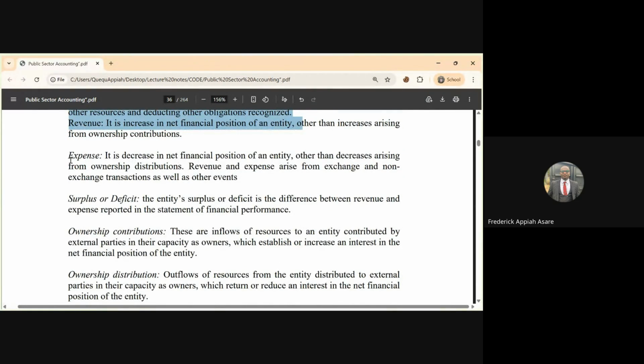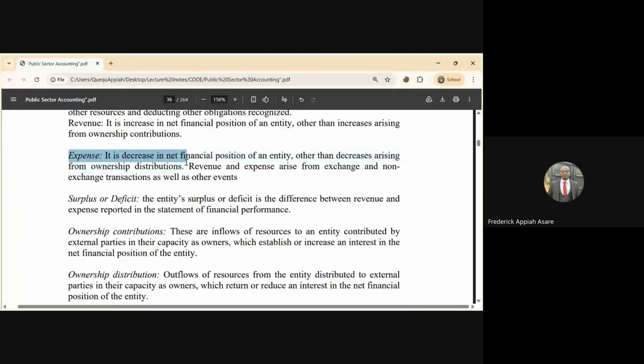Now the next one is the expense. Sorry, the next one is the revenue. The revenue refers to an increase in net financial position of an entity other than increases arising from ownership contribution. So anytime the net financial position of the firm increases, aside from what the owners contribute into the organization, we call them revenue.